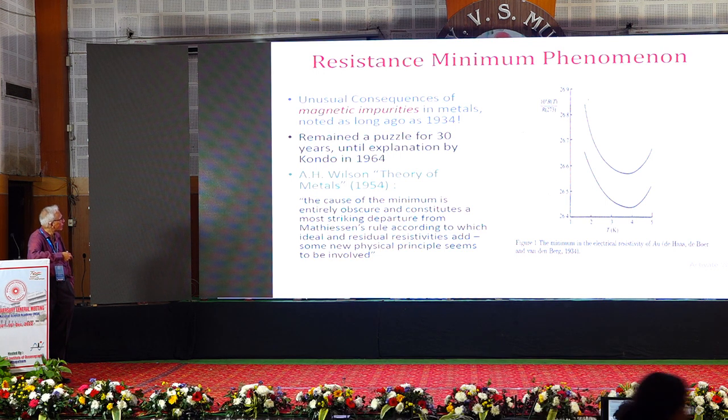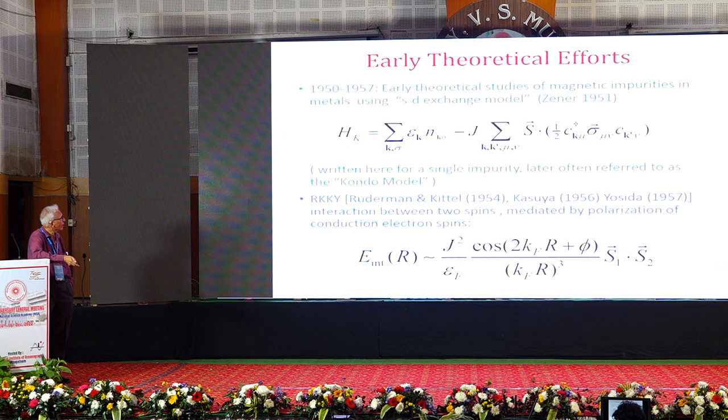In a very influential book, The Theory of Metals in 1954, Wilson said that the cause of this minimum is entirely obscure and constitutes a striking departure from well understood things. Early theoretical efforts used something called the s-d exchange model to understand this.